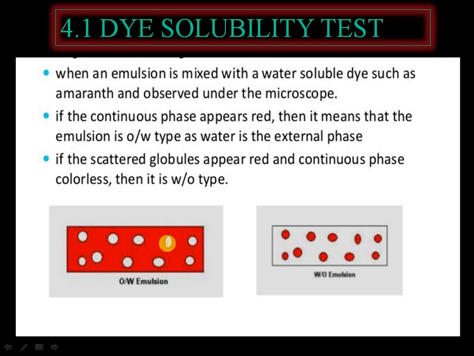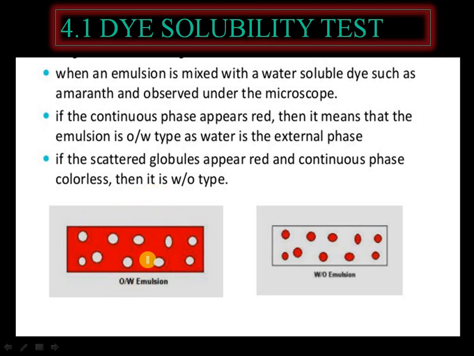If the majority of the portion of the beaker in which the unknown emulsion is present gets the color of the dye, that means the emulsion is water in oil type emulsion because the dye is soluble in oil.